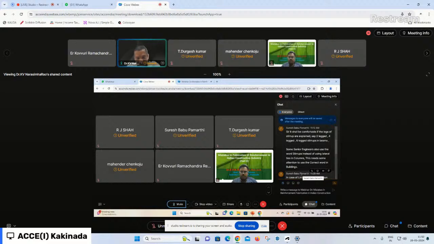The stirrup is the correct word in the case of beams, which is specified with respect to the number of legs that is effective in resisting the shear. Not only the spacing and the diameter of the stirrup, the number of legs that is resisting effectively, which was assumed during the design stage, is also to be represented in the detailing practice.